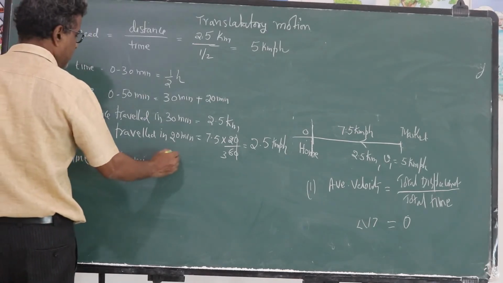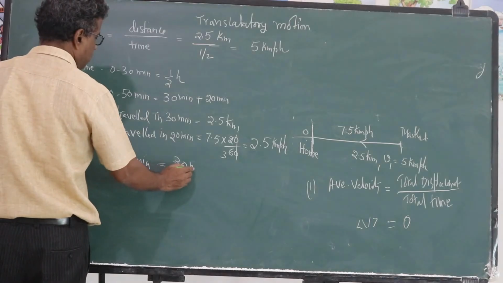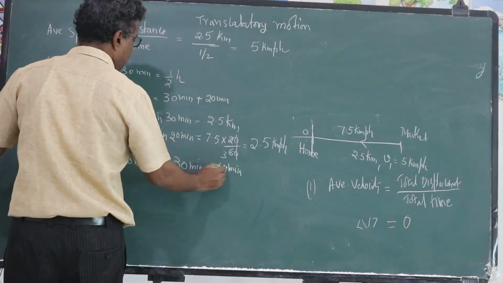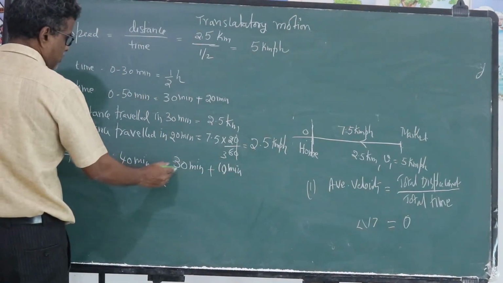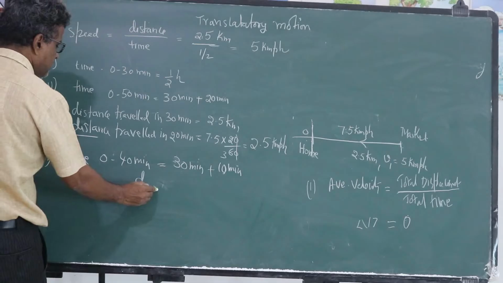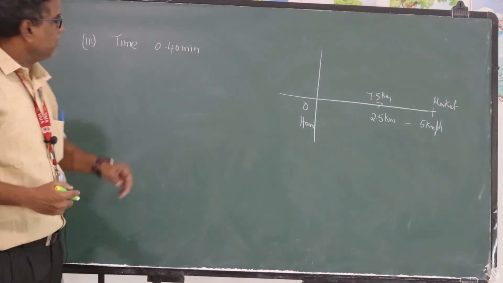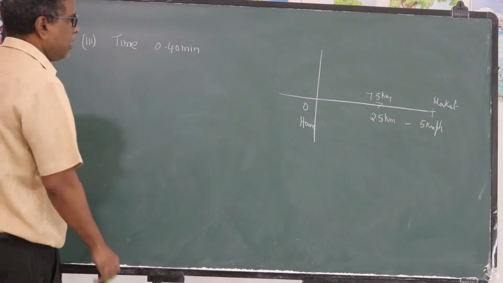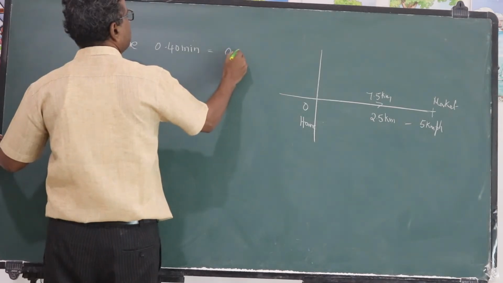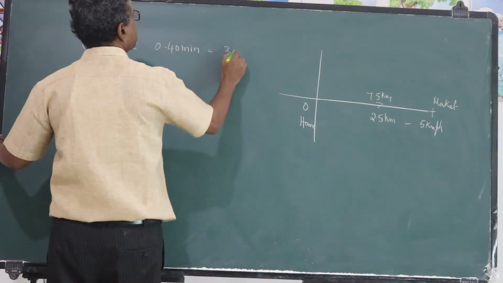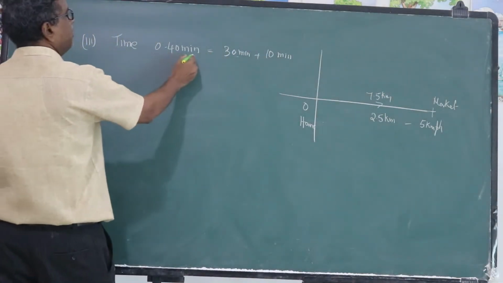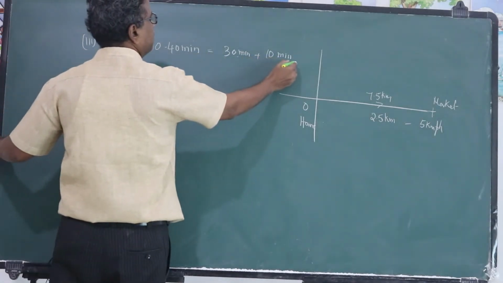This can be written as 30 minutes for going to the market plus 10 minutes for the return. So we split the 40 minutes into 30 minutes and 10 minutes.